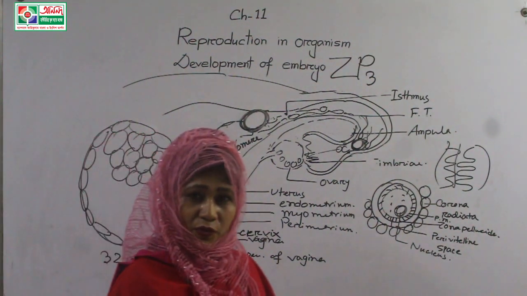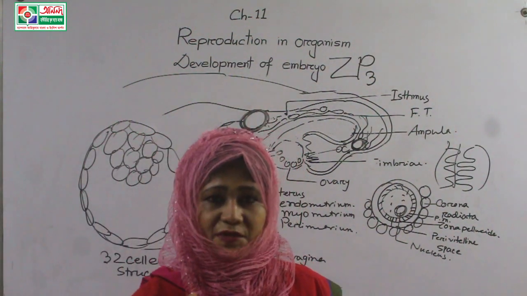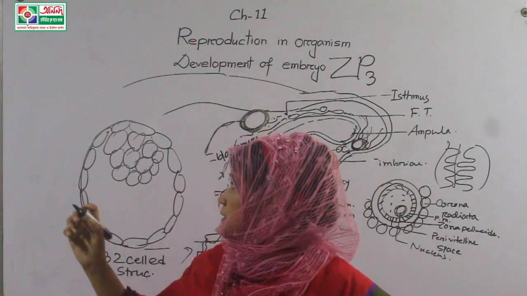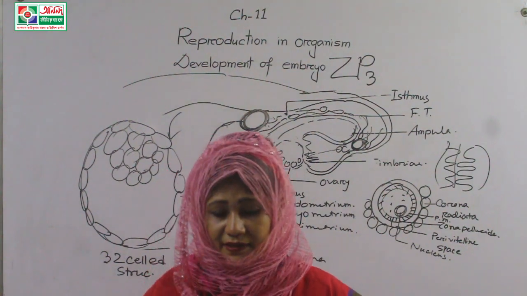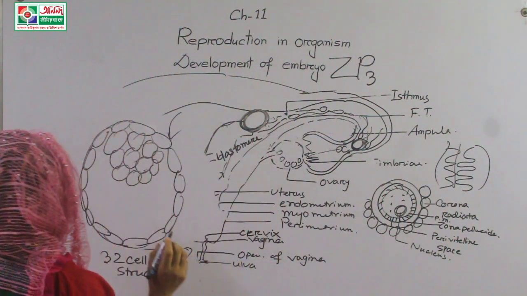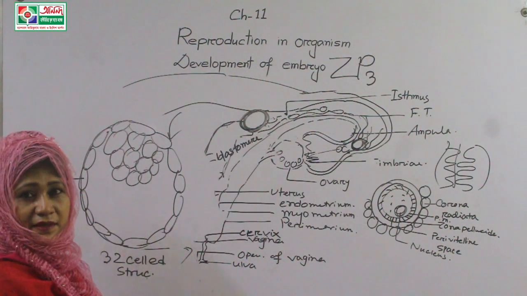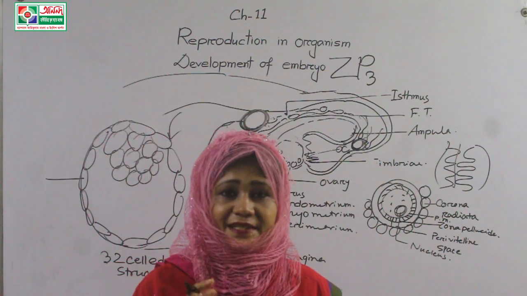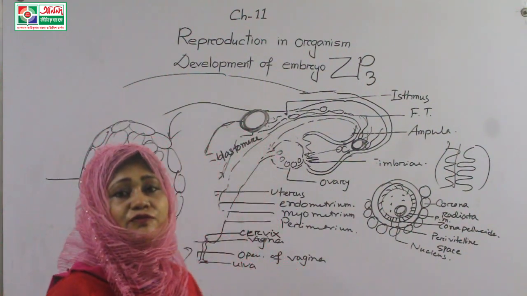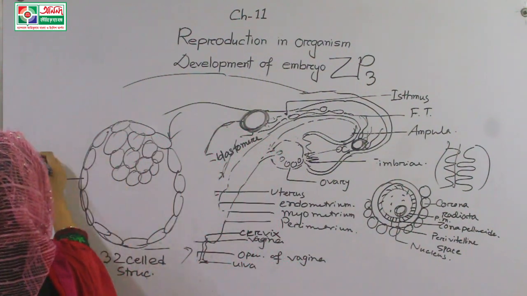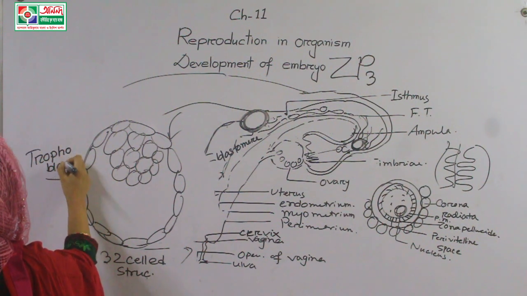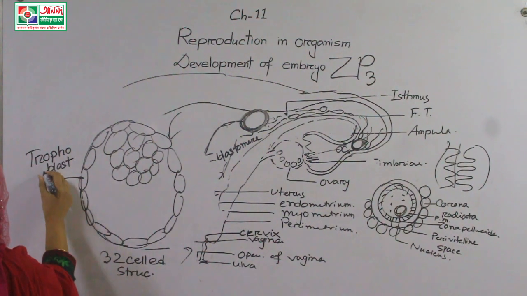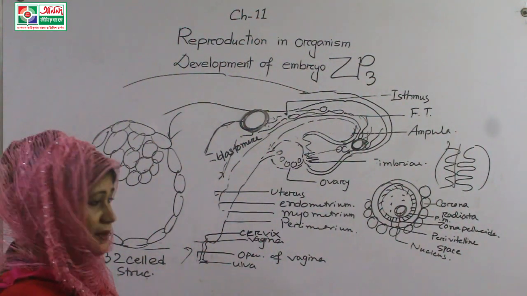Because the morula was 16 cells, after another cleavage we are getting a 32-cell structure. And the outer flattened cells are known as trophoblast, T-R-O-P-H-O-B-L-A-S-T.